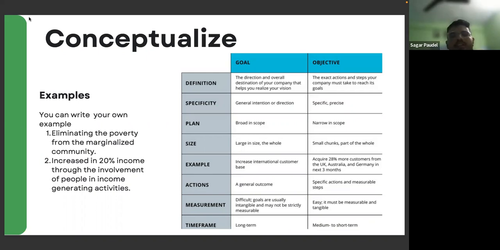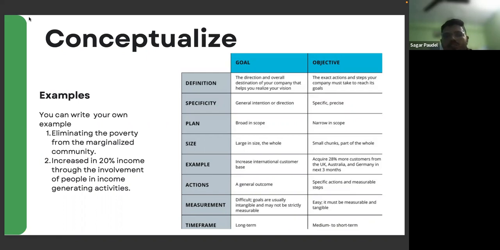For example, if your goal is to top the university, then your objective needs to be scoring high grades in each individual semester. Only after getting good marks in every semester can you top the university. So topping the university is your goal.